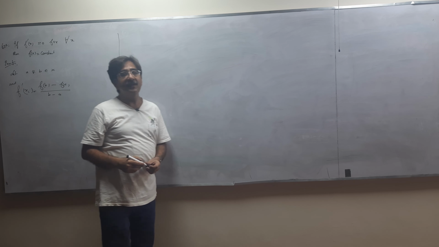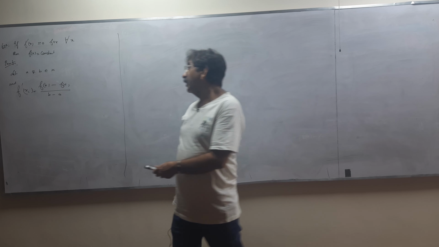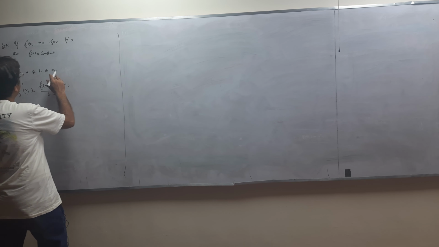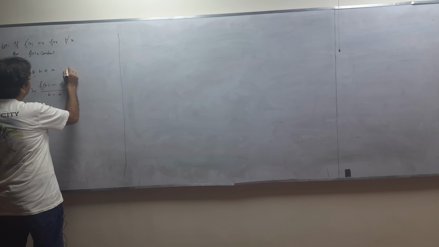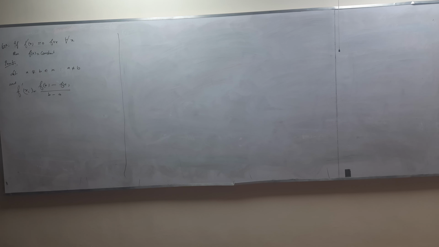According to Rolle's theorem, if A and B are two elements of X with A not equal to B, that is, they are distinct points, then according to the mean value theorem, since f is differentiable and everything, there must exist some point xi that will be true for this.